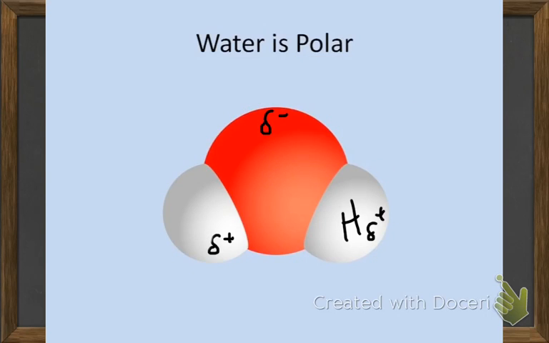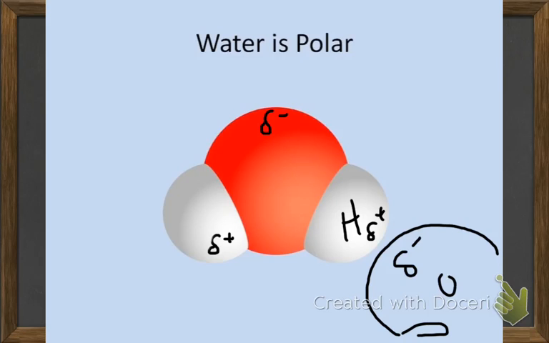Now what happens because of these polar charges, water molecules are attracted to one another. And opposite charges attract, so there's your oxygen and your hydrogens are over here with their positives. So that means you'd have a hydrogen with its positive there.